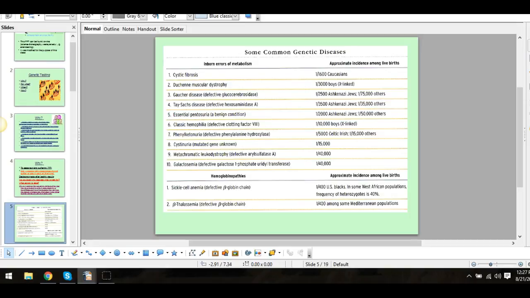Also, you will be creating your own PowerPoint on a genetic disability, so maybe you can pick one of those conditions, such as cystic fibrosis, muscular dystrophy, and then all kinds of diseases named by the people who found them, like Tay-Sachs disease or Gaucher disease, and so on. There are many of them, and they are so rare that we don't need to spend much time talking about each of them. We will cover some in your PowerPoints.